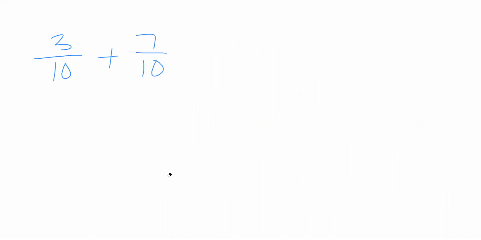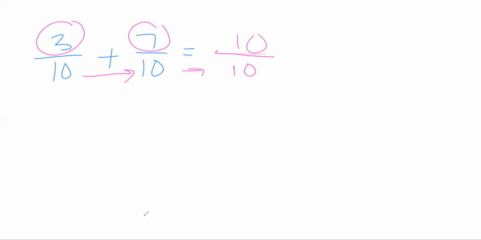Okay, so let's look at a couple things. First, let's think about mathematically what we've learned in this case. Without modeling, one of the things we've seen is that my denominator is not changing. So I should have 10, and then we're adding our numerators together. That's 3 plus 7, that's also 10.